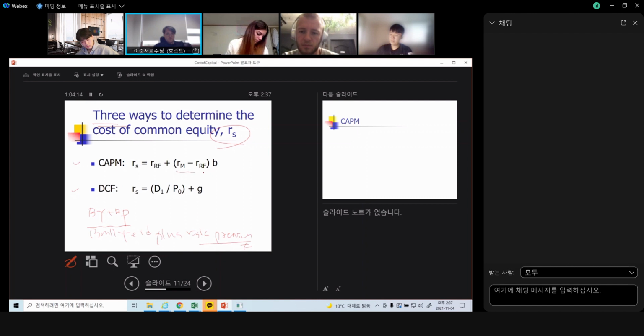That is the market risk premium, and RS minus RF is the risk premium of the asset. So let's take a look at the three ways to determine the cost of common equity RS. You are familiar with this one, right? Before chapter 10, we would say RS is what? The required rate of return.